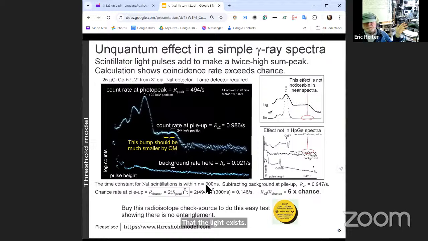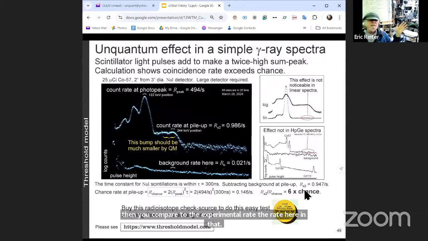And so this is a conservative number for the time window. So you calculate out what the chance rate is. And then you compare to the experimental rate, the rate read here in that sum peak, and I get 6 times chance. Very easy to do.